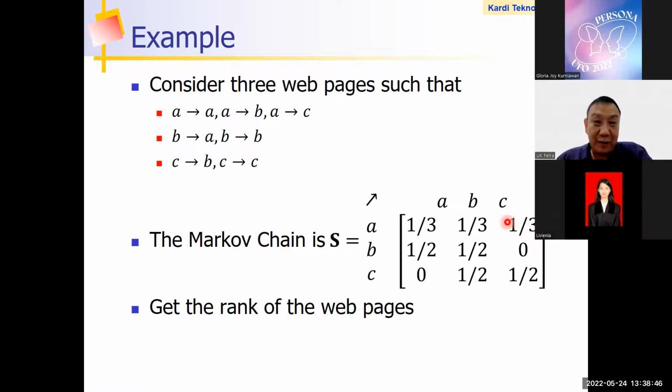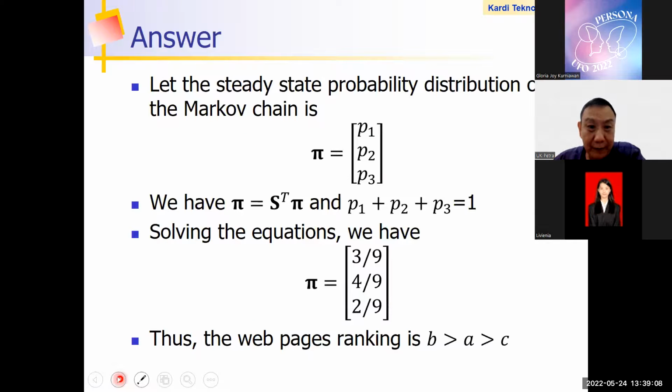And what is the stationary distribution? The only thing you need to change is the S, the transition probability matrix. Say you have an initial state of anything, P1, P2, P3. It's up to you to decide. And if you calculate that, you will get this value.